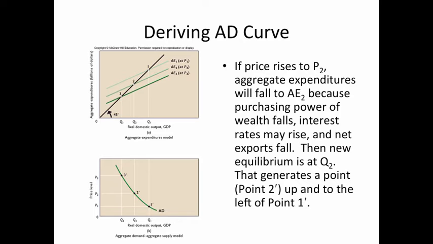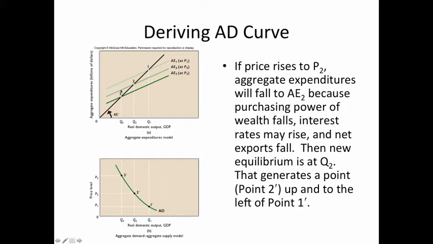As the price level goes up, we expect to see a decrease in spending in the economy. So as the price level goes up to P2, our spending line shifts down. We have this new spending line that we call AE2, and it corresponds to this new, higher price level P2 in the economy.